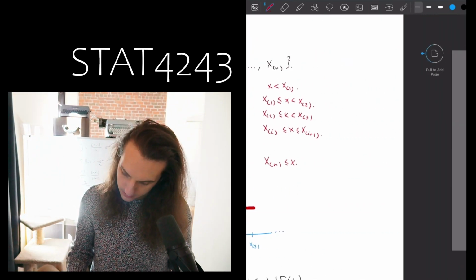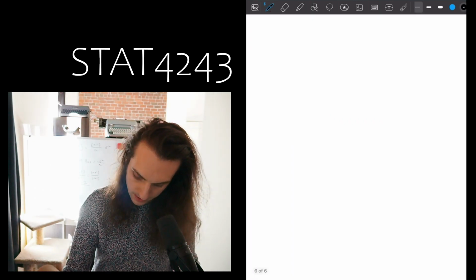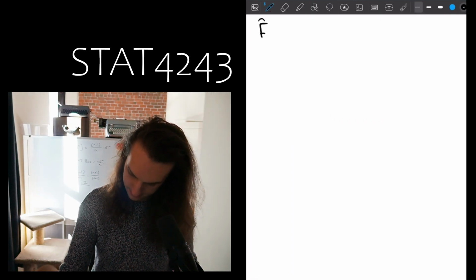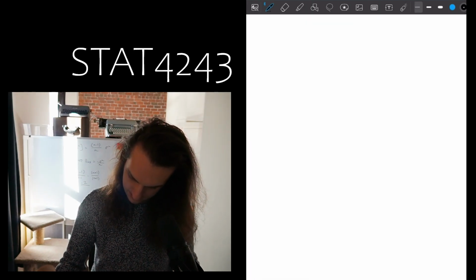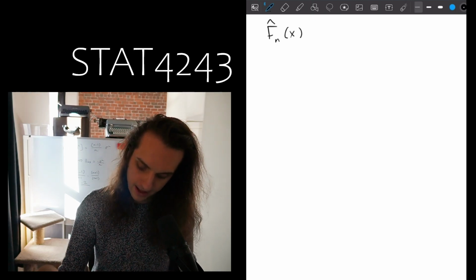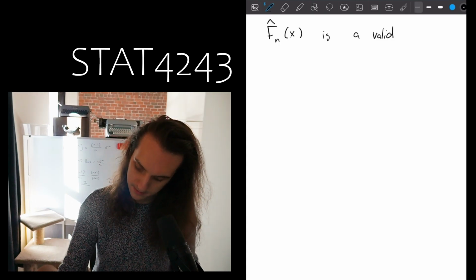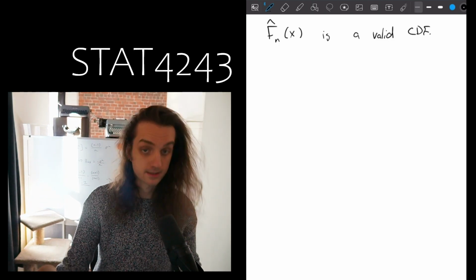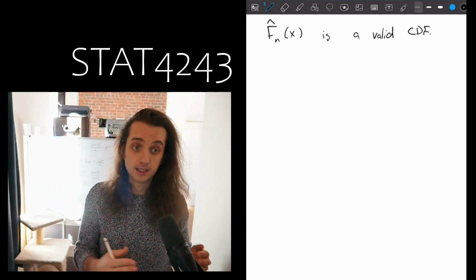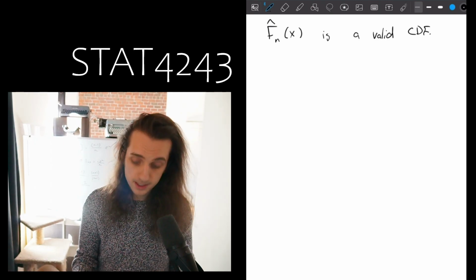And so importantly, the thing to note about this is that F hat n of x is a valid CDF, right? So not only is it going to be a good estimate, in the sense that we saw with the convergence pointwise, but it's also going to be a valid CDF. And what's it going to be the CDF for?